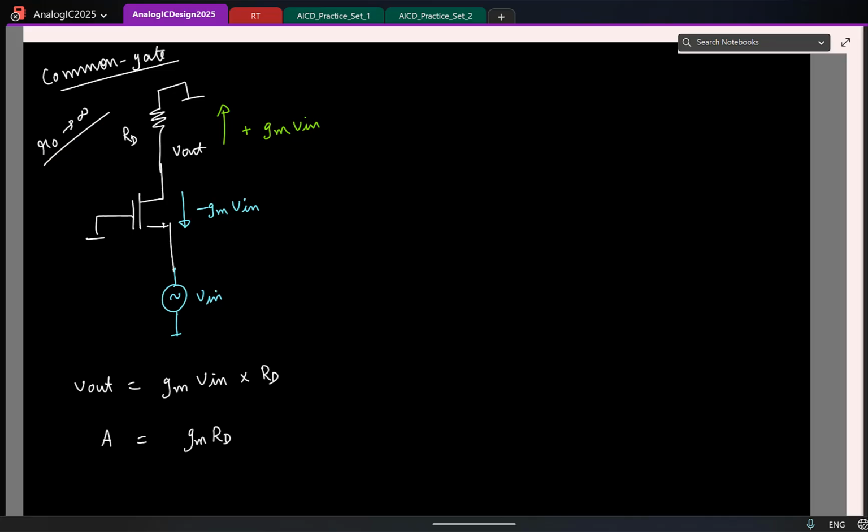So then what is the looking-in resistance here, the input resistance? Remember we saw the resistance looking into the source. When can you say it is 1 by Gm? If RD is very small compared to what? R0. I am saying R0 is infinity. So is that condition okay? If I ignore R0, I don't have to worry.